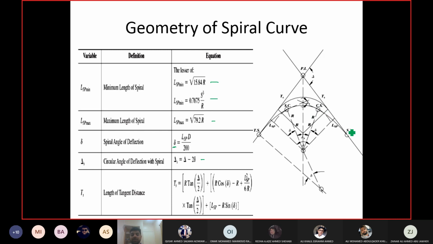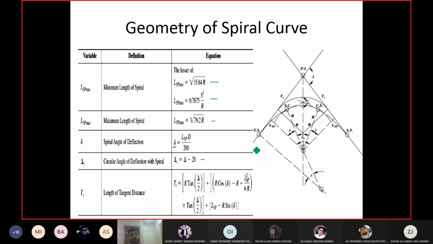So it is easier for the driver to come out of the curve and go from the curve to the tangent as well. So both ends of the curve are like a mirror image. You have a spiral, then circular, then you will have circular and a spiral. The design of the curve will remain the same, but the purpose is to gradually change the curvature of the road and the direction of the driver to the tangent.